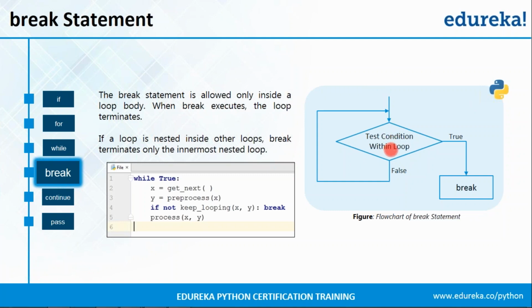If the test condition is false, it will keep on executing the loop, and once it is true, and you have mentioned a break statement after that test condition, it will break. It means the loop will stop and get terminated. It will not run again once this condition has been satisfied. So this is the purpose of a break statement.